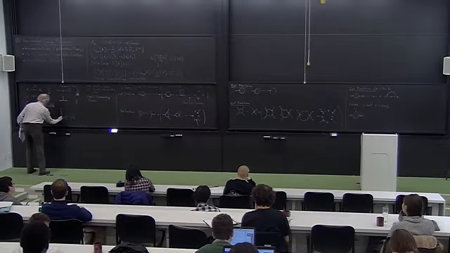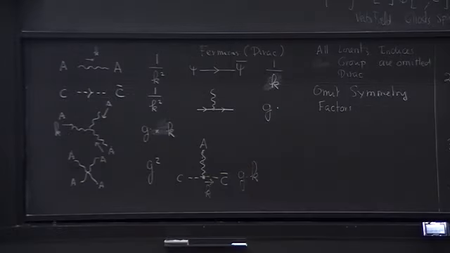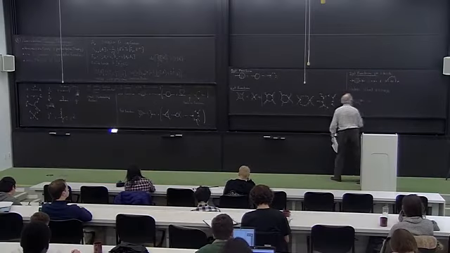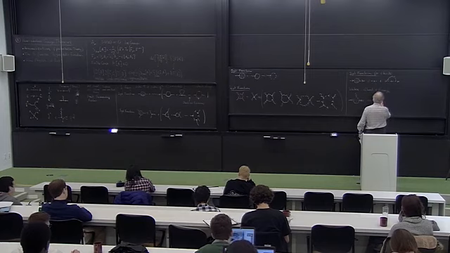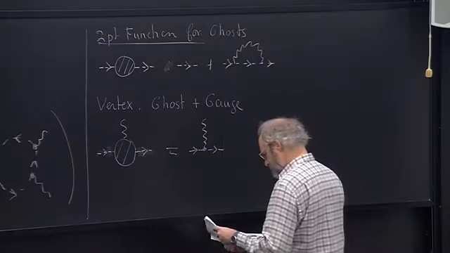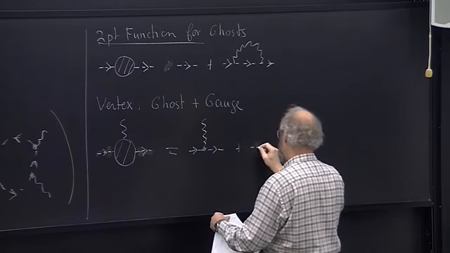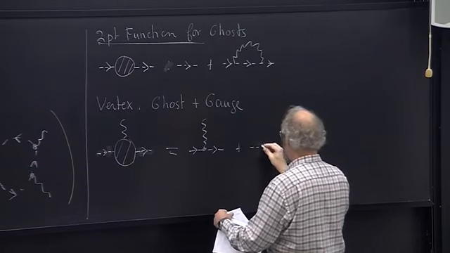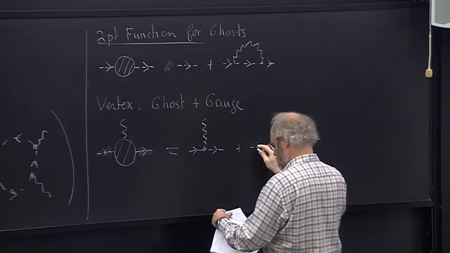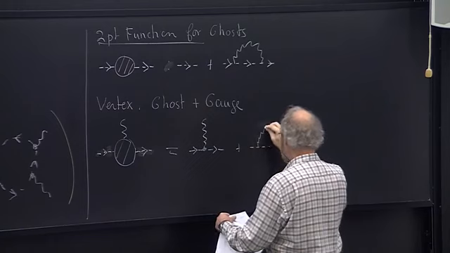And it gets a radiative correction. So this is going to be the original vertex. And then we have, well, the same diagram as in QED. Oh, no. We don't have the same diagram as in QED. We have this diagram.